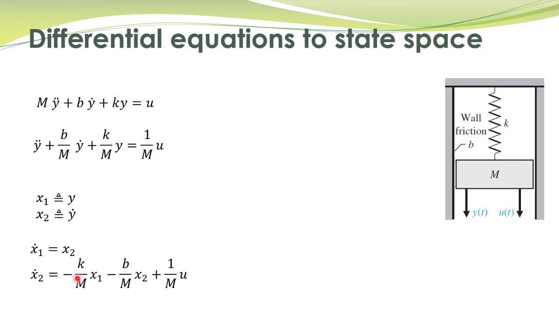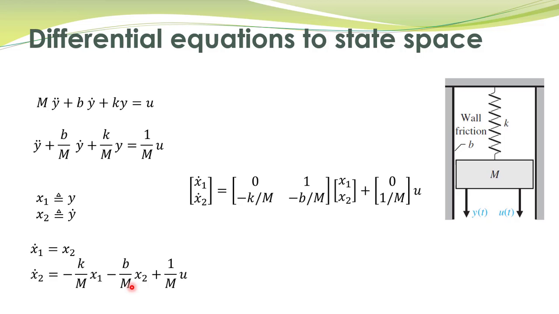So that term is written over here, minus k over m x1, and likewise this term minus b over m, and this is named as x2, that is written over here. So these are state equations, and these can be written in matrix form. That is easy, everyone among you can do that. And this is the output equation, y is equal to x1.